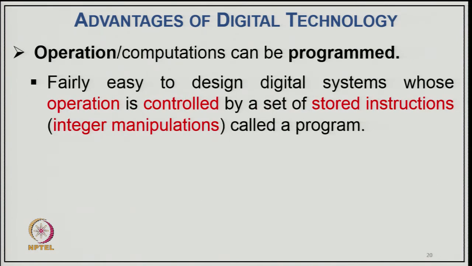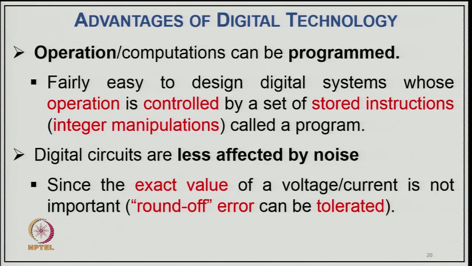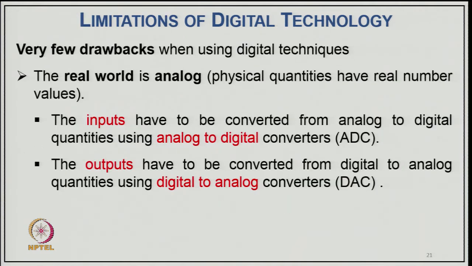Operations or computations can be programmed in digital technology, and it is fairly easy to design a digital system whose operation is controlled by a set of stored instructions called a program. Digital circuits are less affected by noise, and since the exact value of voltage or current is not important, round-off error can be tolerated.